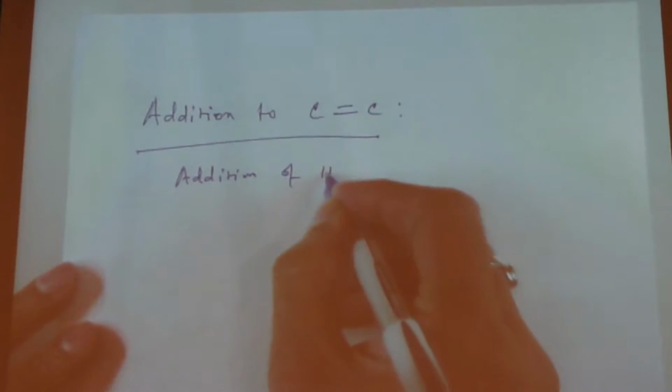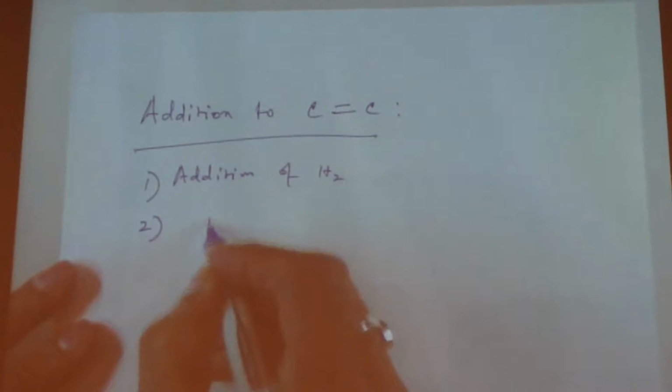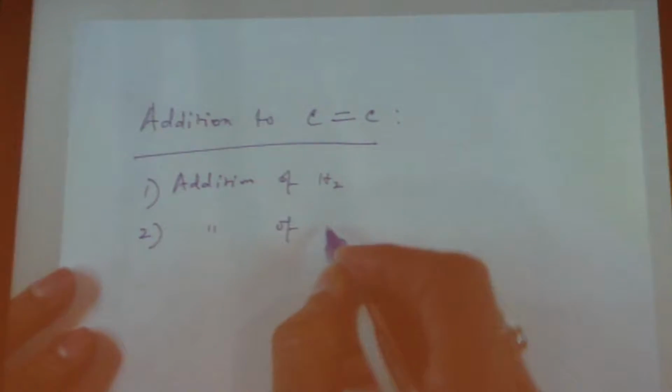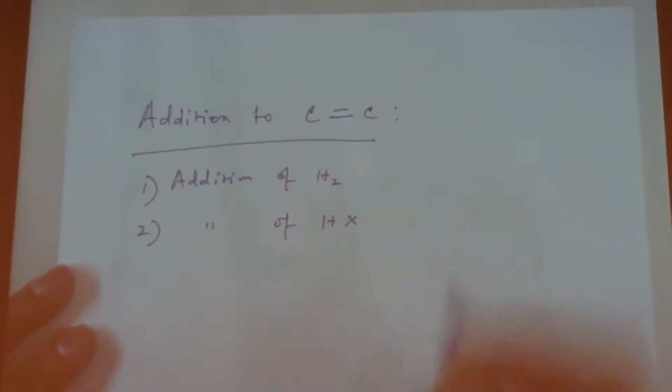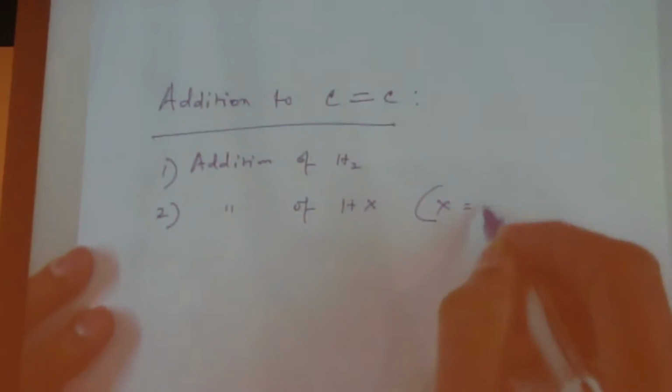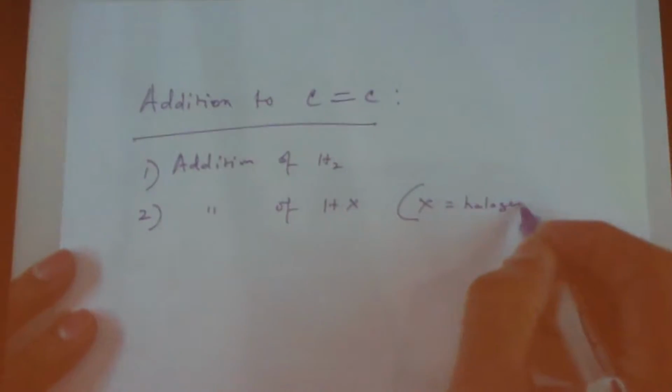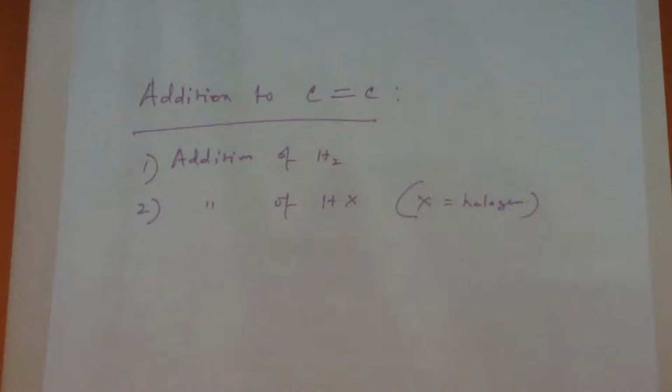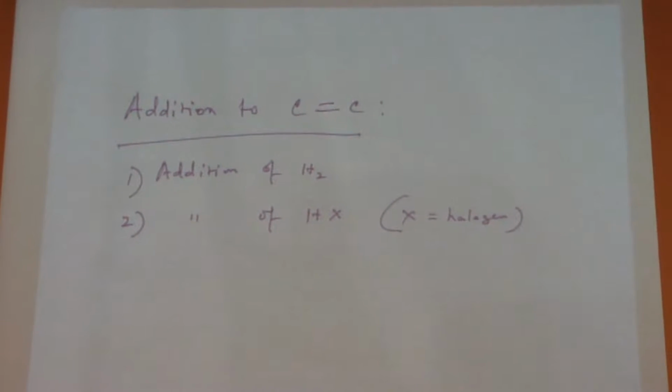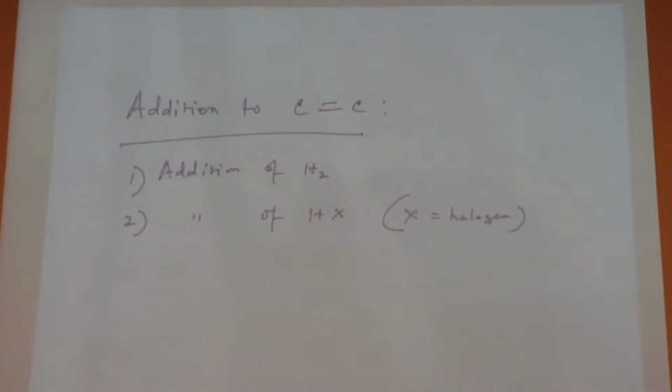The two types of additions that we already talked about are addition of hydrogen and addition of hydrogen halide, where X is a halide. And when you add hydrogen, of course, they come from the same side. We indicated that that's a syn addition.